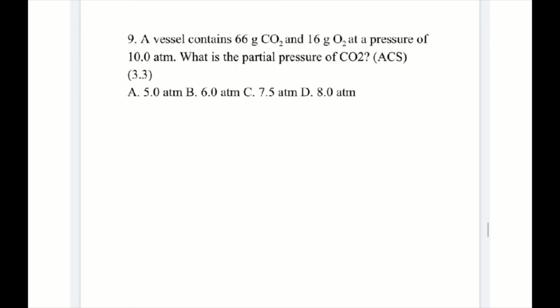A vessel contains 66 grams of carbon dioxide and 16 grams of oxygen gas at the pressure of 10 atms. What is the partial pressure of CO2? Well, notice how we have the total pressure, and we can find the partial pressure of CO2 by finding the mole fraction for CO2. Now we have to convert everything from grams to moles.